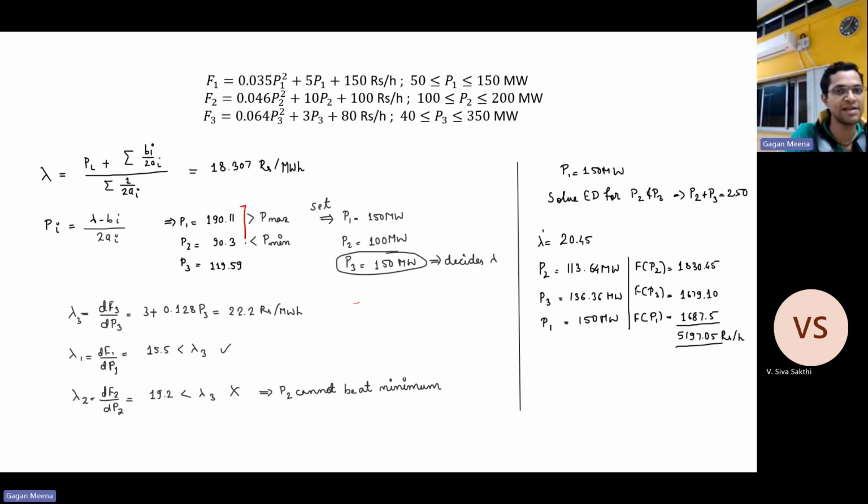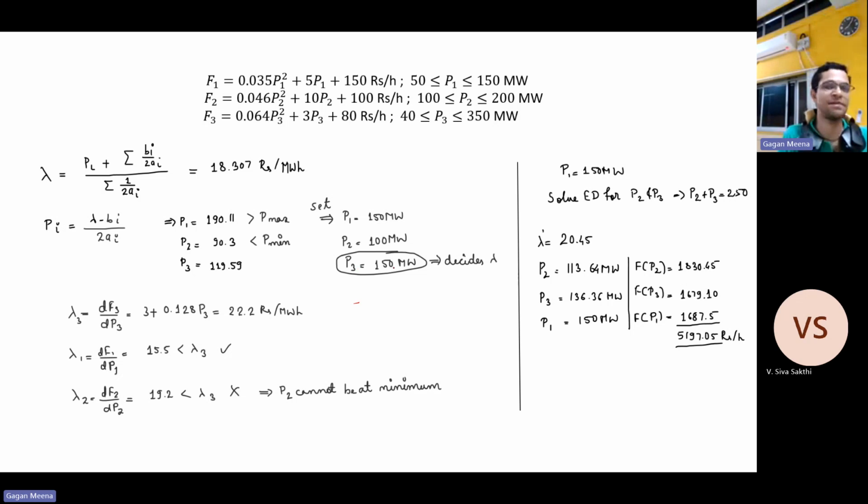P1, P2, P3 are same, but because limit have changed, now we see that this P1 is more than its maximum limit and P2 is less than its minimum limit. So the first thing we can do is set P1 at its maximum limit and P2 at its minimum level. And P3 we can easily find out because we have already set the two values.